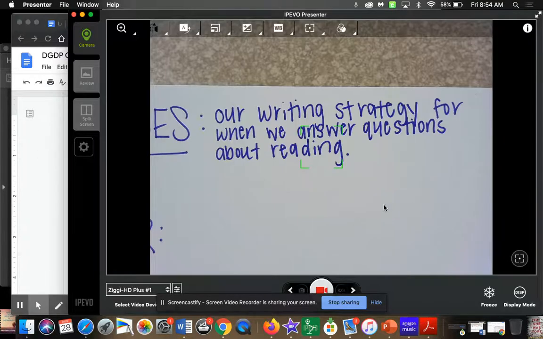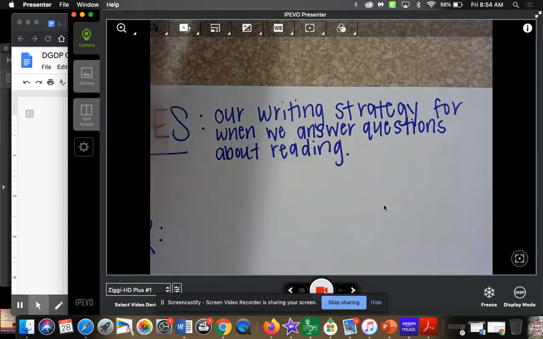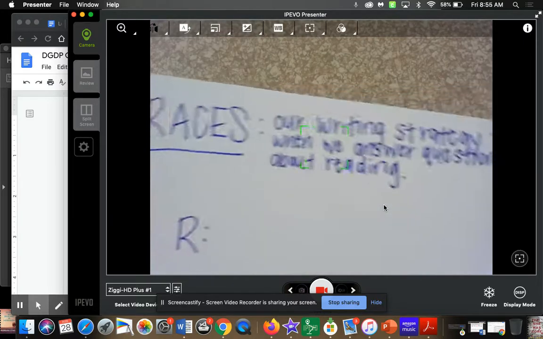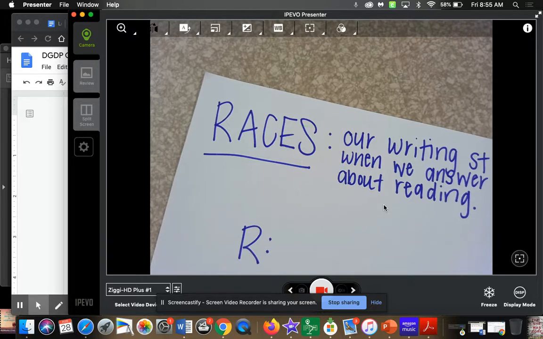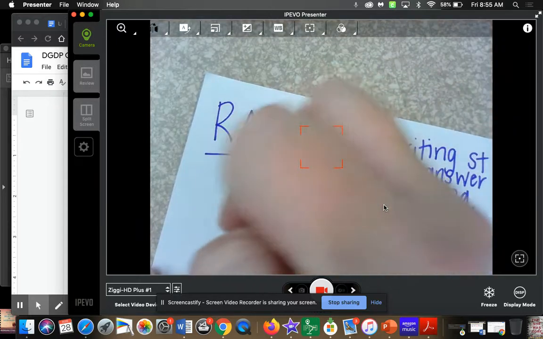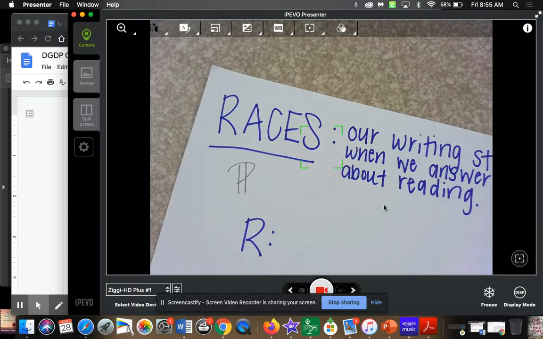In this strategy, each one of these letters, RACES, stands for something, and it is going to create a paragraph response. This is going to help you create a paragraph. That is the goal, that you will end up writing an entire paragraph.